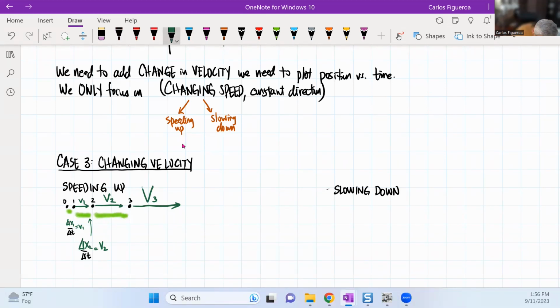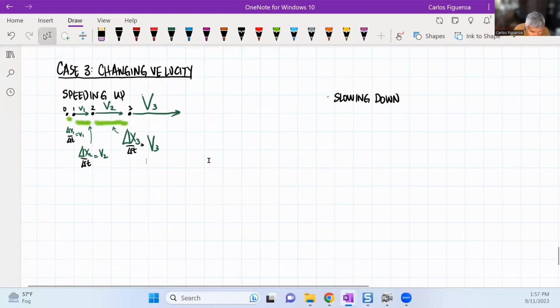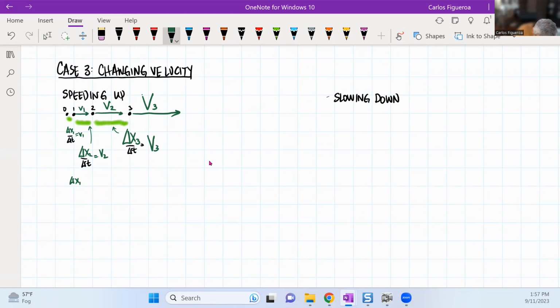When I go to this guy right here, this is even larger, which gives us this higher speed 3 here. So this picture is telling us that when I look at delta x1 versus delta x3, this is a steeper slope. This guy here is less steep.